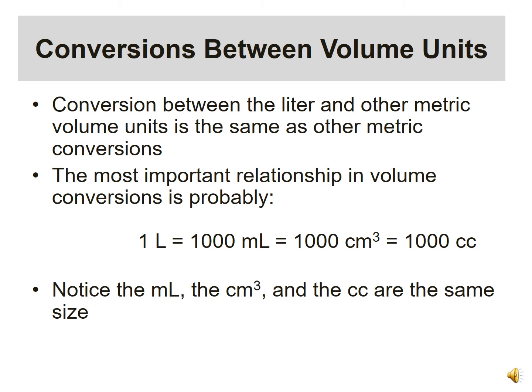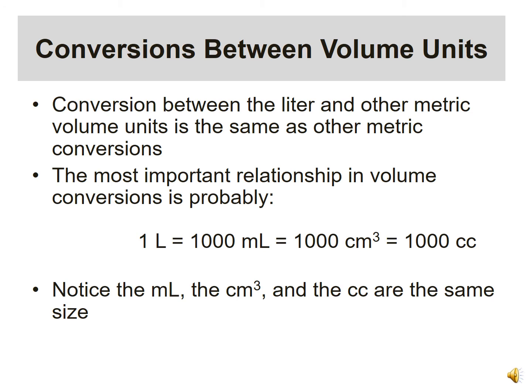So how do I convert between volume units if we don't have these simple blocks and cubes? Let's take a look at how this conversion can go on. We aren't going to do the whole world's worth of conversions, but let's look at some that are relatively important to us. Volume is one we're very interested in. As I said in the previous slide, 1 liter is also 1,000 milliliters, just a simple metric conversion.